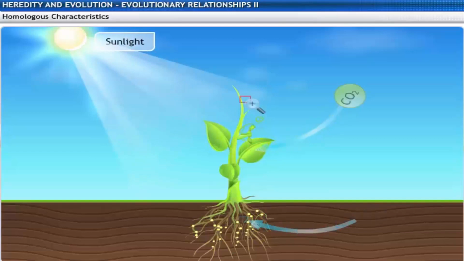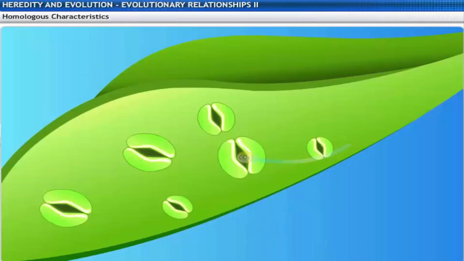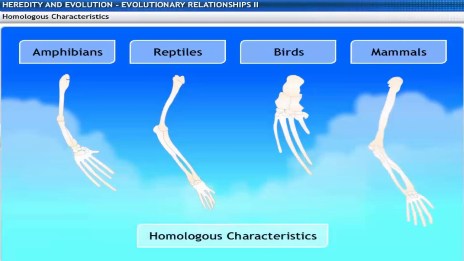Preparation of food through photosynthesis is a basic characteristic of plants. Characteristics in far related organisms would be similar because they are inherited from a common ancestor. Such characteristics are called homologous characteristics.